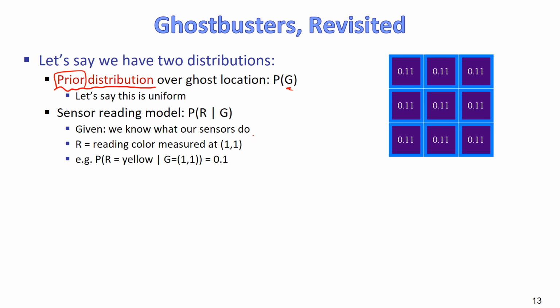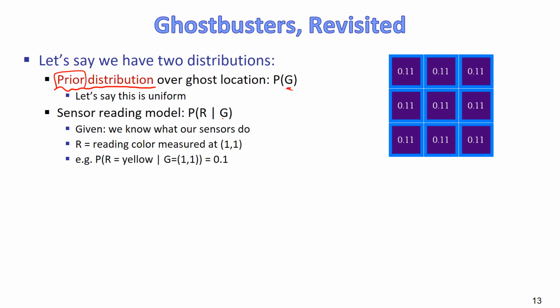Okay, now we also have in the game something else, which is the reading model. Given the actual location of the ghost, we know what is the distribution of the readings.